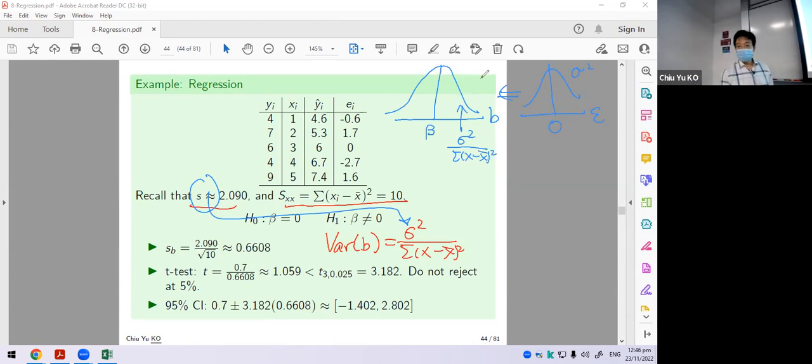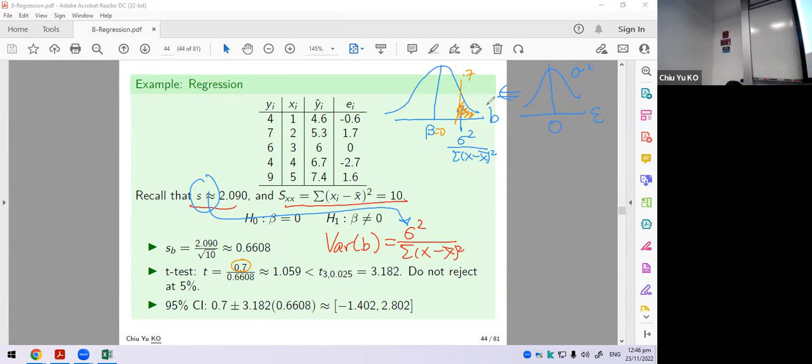That's the idea. And what you get is B in your data turns out to be 0.7. Under the null, this is 0, and 0.7 is somewhere here. What you want to check is whether this area times 2 is very small.